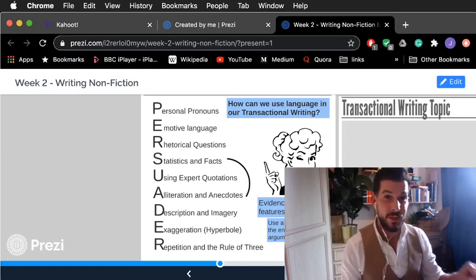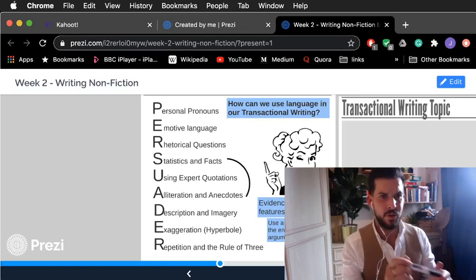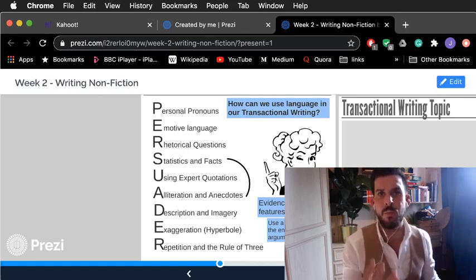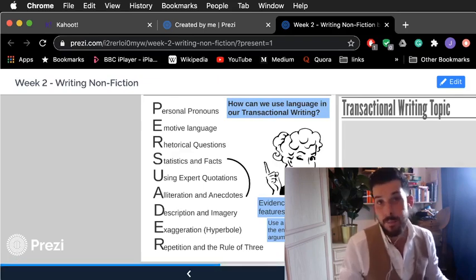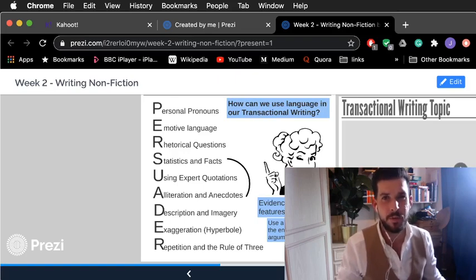Well, the original quotation from Winston Churchill was actually blood, toil, sweat and tears. It was in a group of four. But because we love the rule of three and it's so memorable, we've lopped that extra one off. And that's what's remembered: blood, sweat and tears. And then repetition can be really useful. Don't go over the top with it, but it can be really useful to drive home a point.